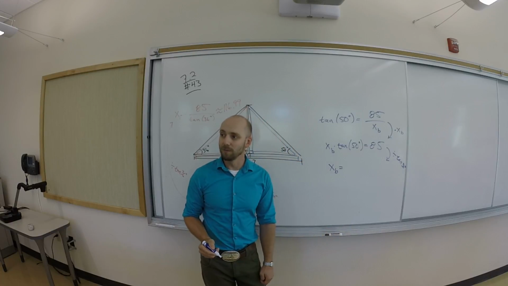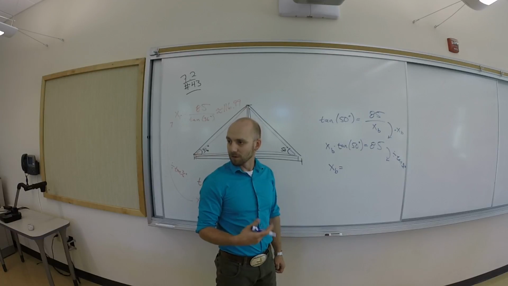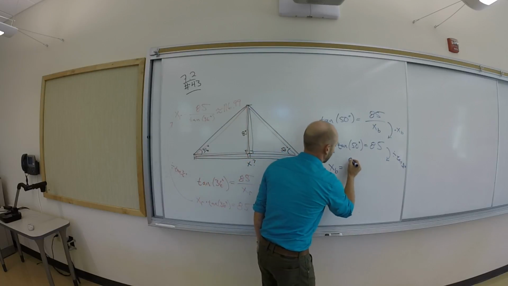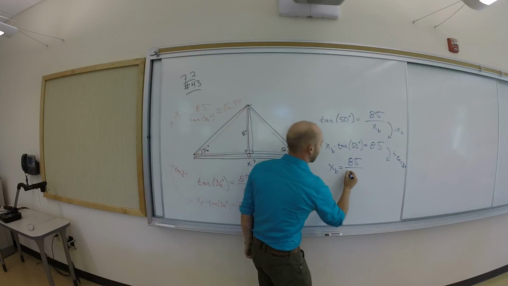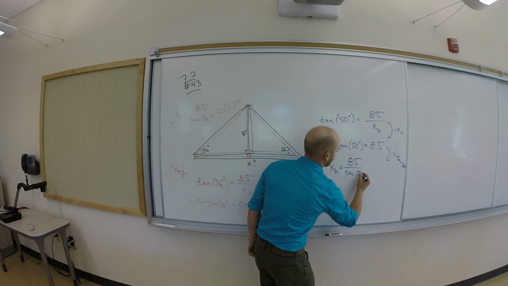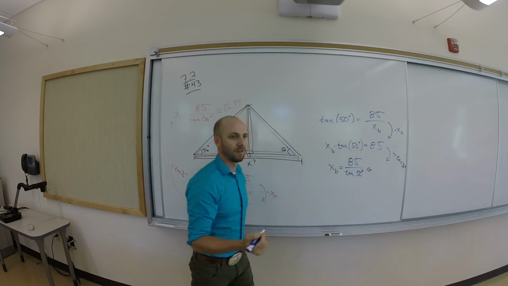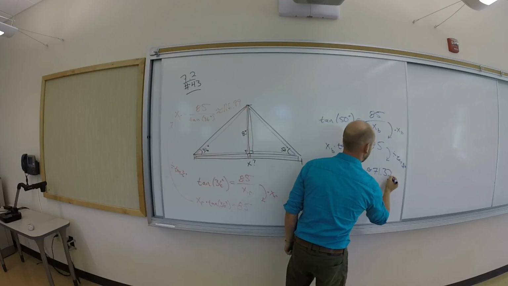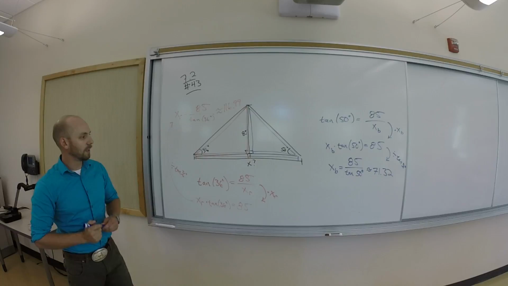No, that's totally reasonable. Really, you could run this whole thing with tangent of some angle theta, and then sort it out. So I'm going to get 85 divided by tangent of 50 degrees, which is approximately 71.32.